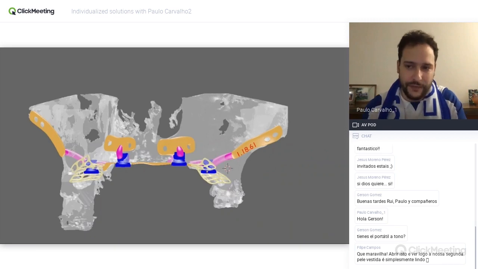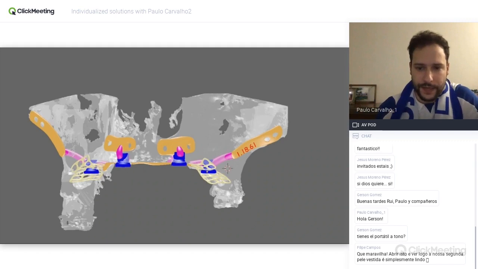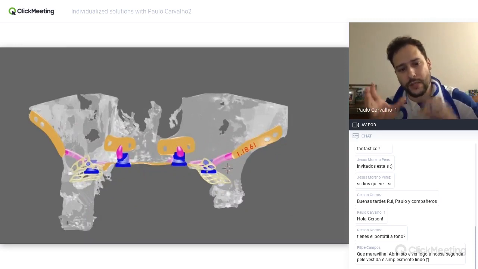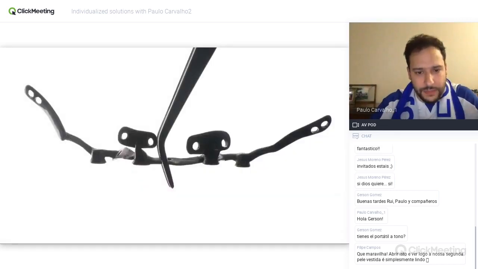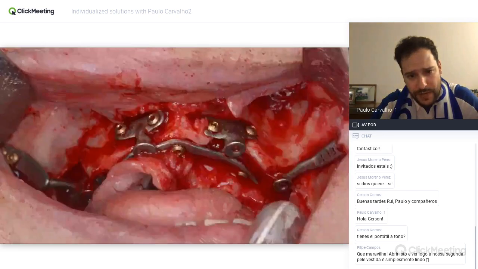So we are taking advantage of the outside cortical bone of the skeleton of the patient to get very good fixation. And those osteosynthesis screws are going to keep the implant in place and get a fixed implant for the patient. This is the specific implant of this patient.